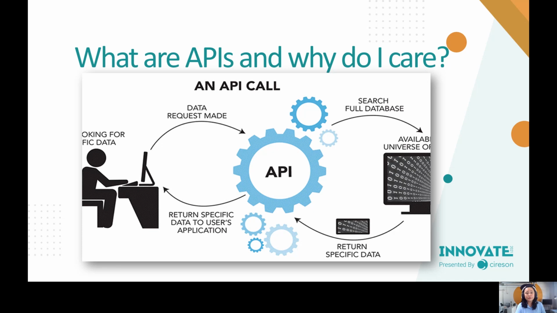The teller then goes to the bank, tells the bank manager of your request, and the bank manager goes through the entire withdrawal process and hands the $1,000 to the teller, who will eventually hand the money to you. So as you can see, the teller, which is like the API at this point, is a messenger between your needs, which is the money, and the system, which is the bank.